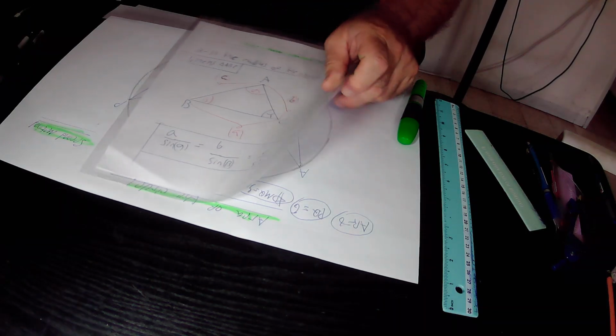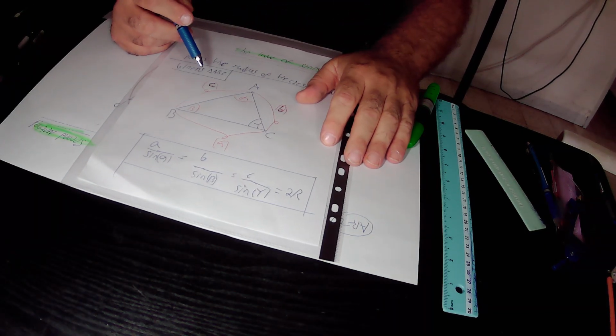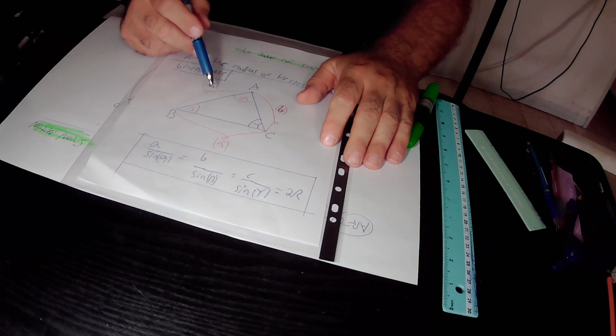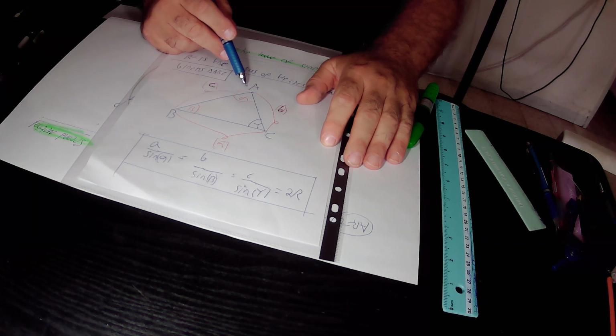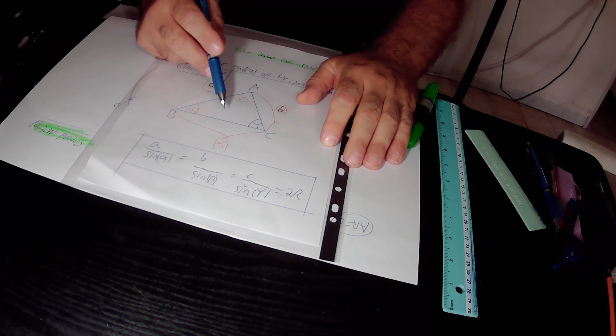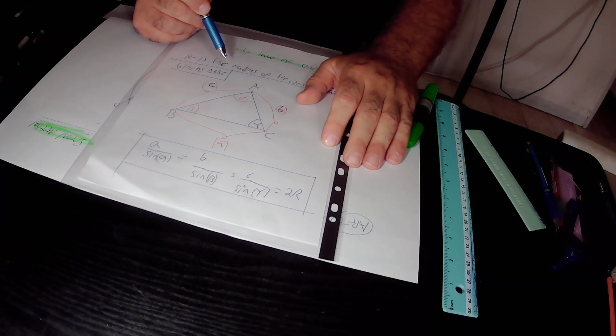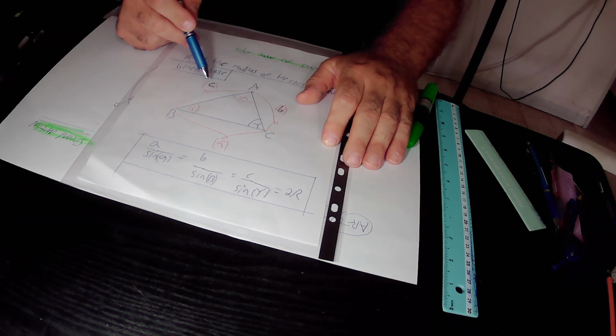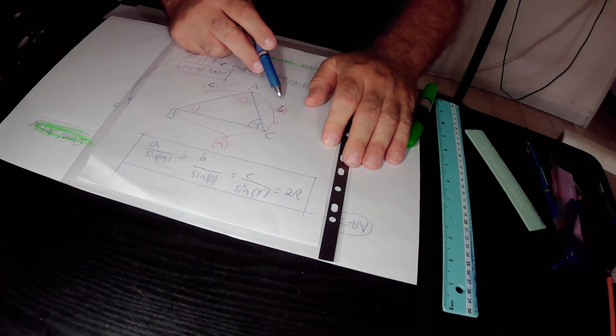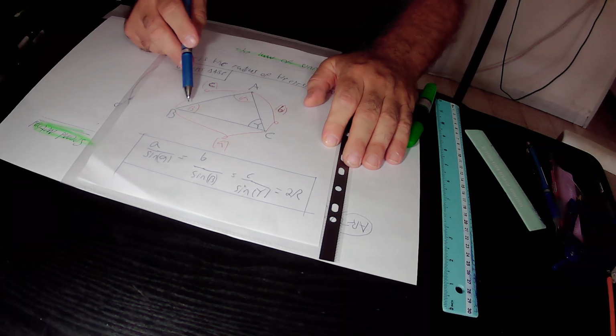But you should notice that we take the side and the angle in front of the side. It is A over sine of the angle that is in front of A. Here we also have C over sine of the angle in front of C, and B over sine of the angle in front of B, that is beta.